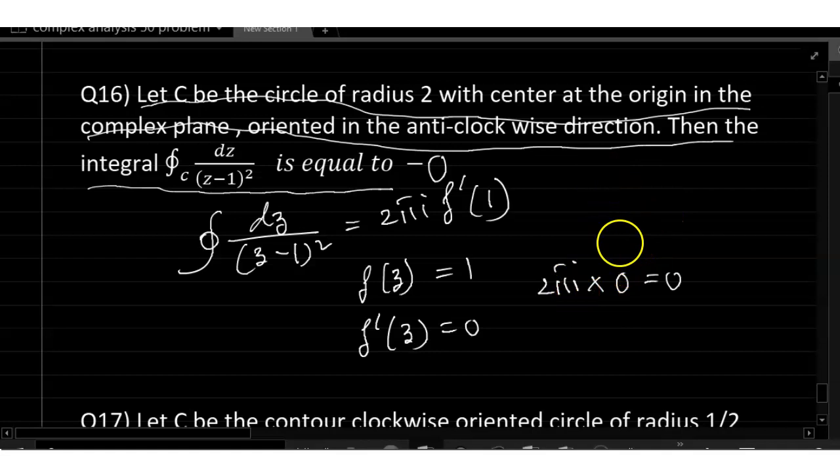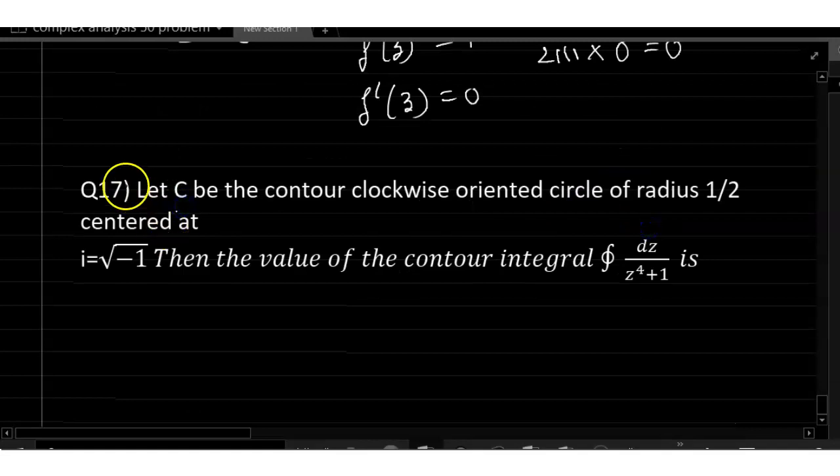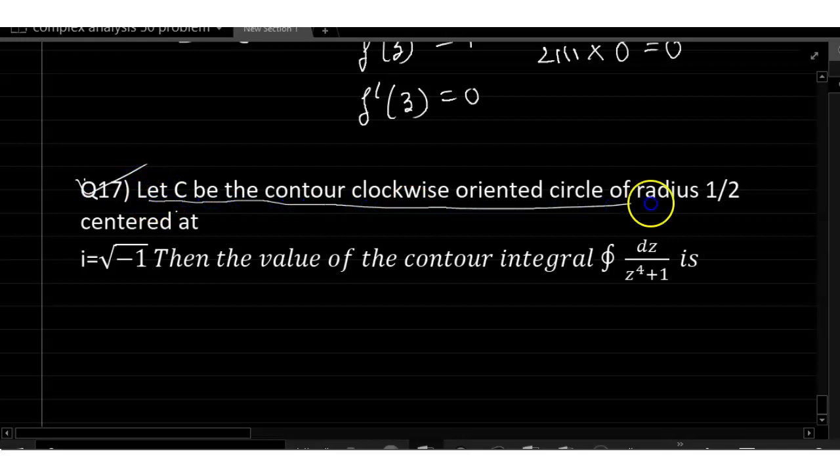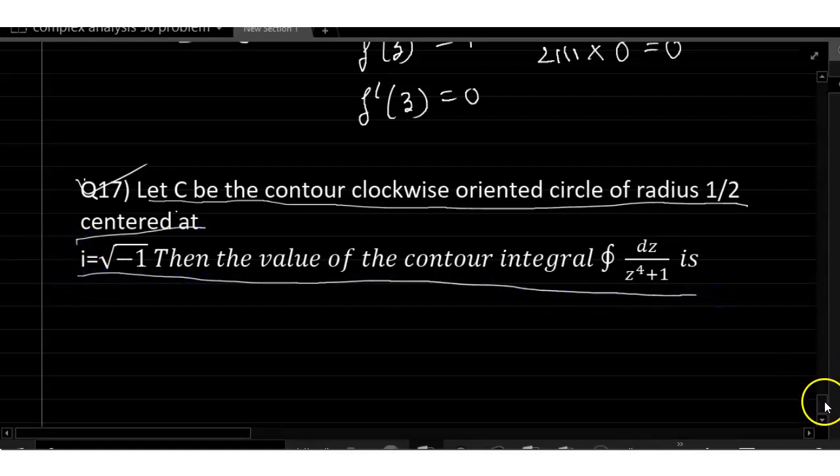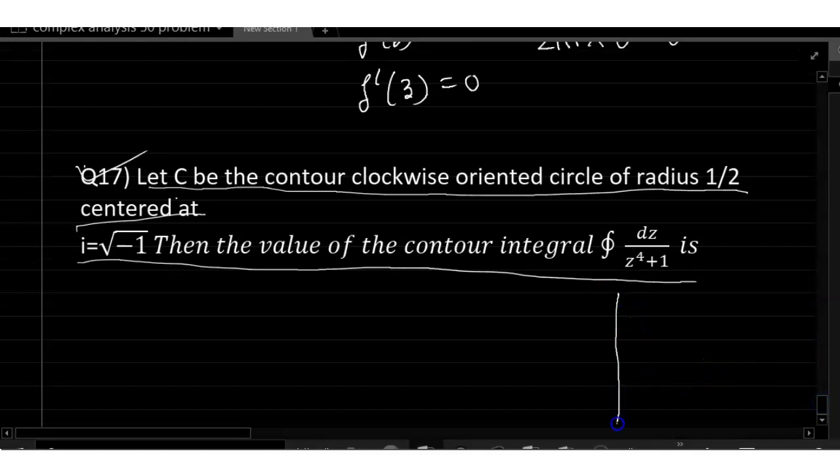So this is my answer. And the pole lies inside this circle, whose radius is 2. Question number 17. Let C be the contour, clockwise oriented, radius half, centered at i equals root over minus 1, then find the value of the contour integral. So friends, let's draw an axis.